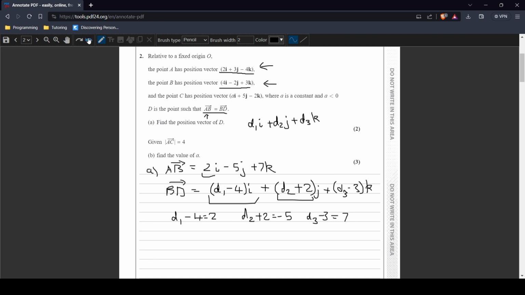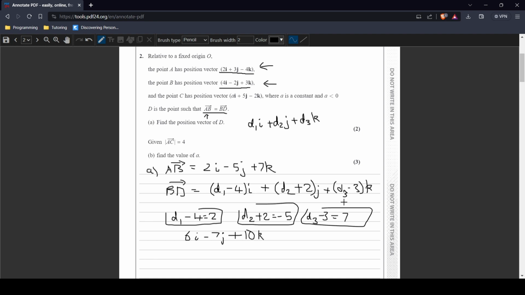Okay, so just solving these three simple equations, we get that the position vector for D is 6i minus 7j plus 10k. Okay, so here D1 is 6, here D2 is minus 7, and then D3 is 10.